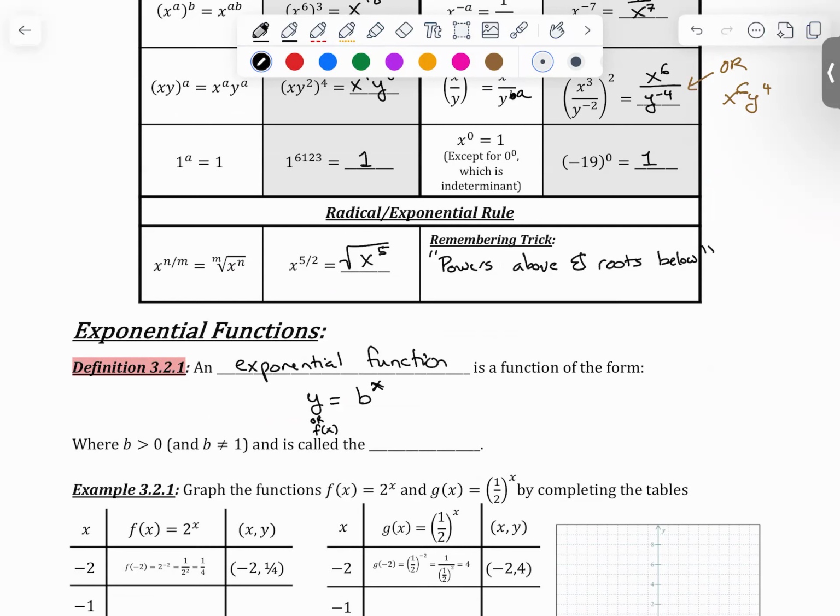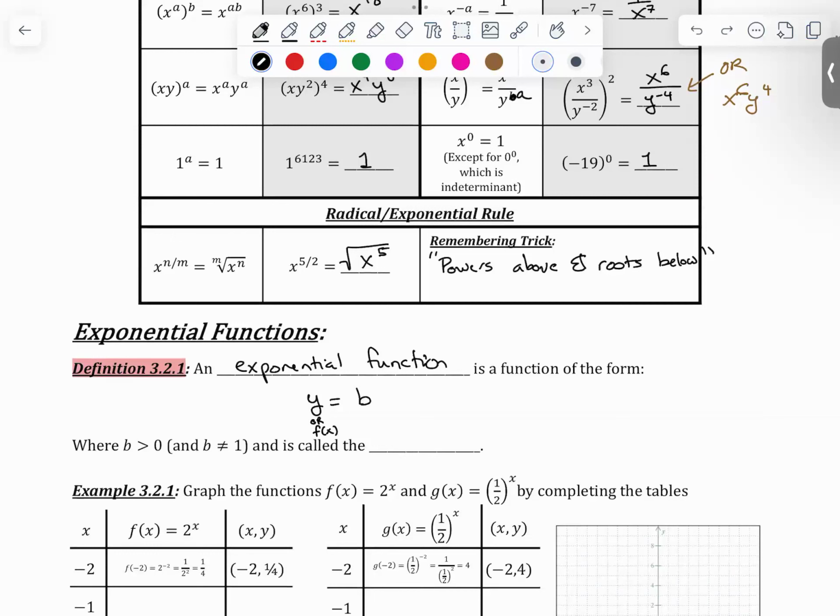Some textbooks will say a to the x, some will use a different letter, but b to the x. I think that makes the most sense because then you can call b the base of the exponential function. So there's this added stipulation, though, where b must be strictly greater than 0 and b cannot equal 1.